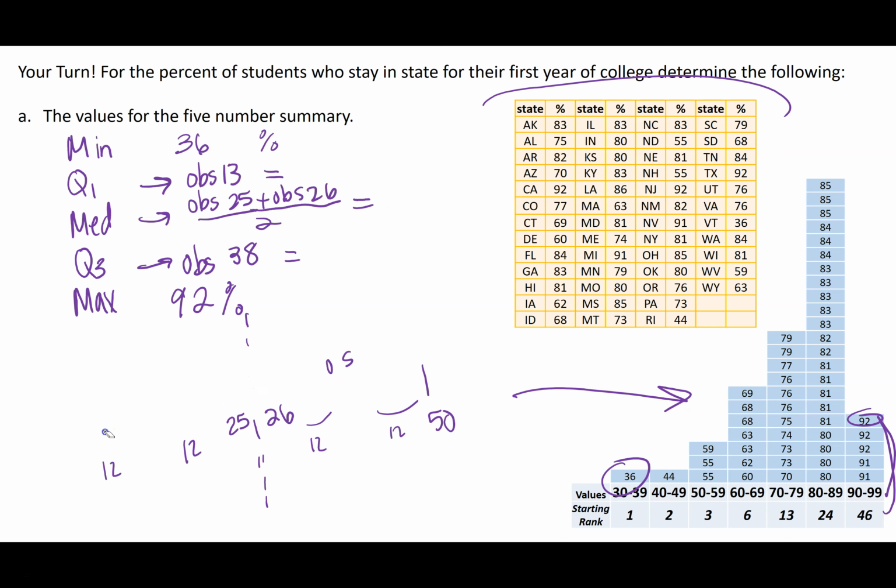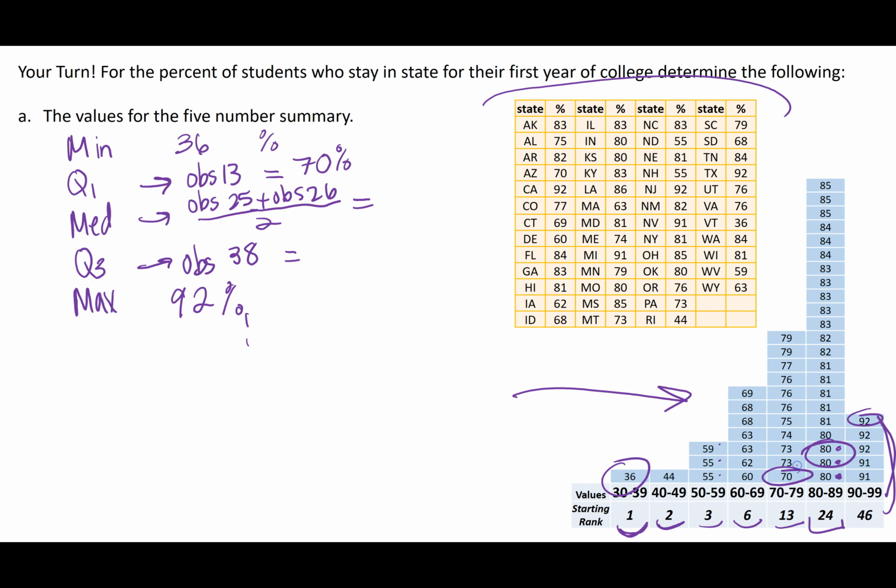So getting rid of that, I might use this for some other stuff. So observation 13, what's cool is it's saying, the first one's in there, second, third, fourth, fifth, sixth, up to 13. This gives me observation 13 right there. So observation 13 is going to be 70%. Then if I want to find observations 25 and 26, this is observation 24, 25, and 26.